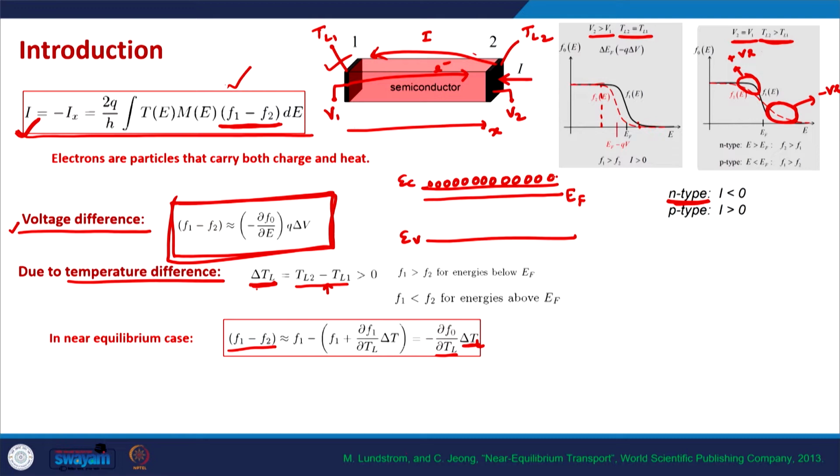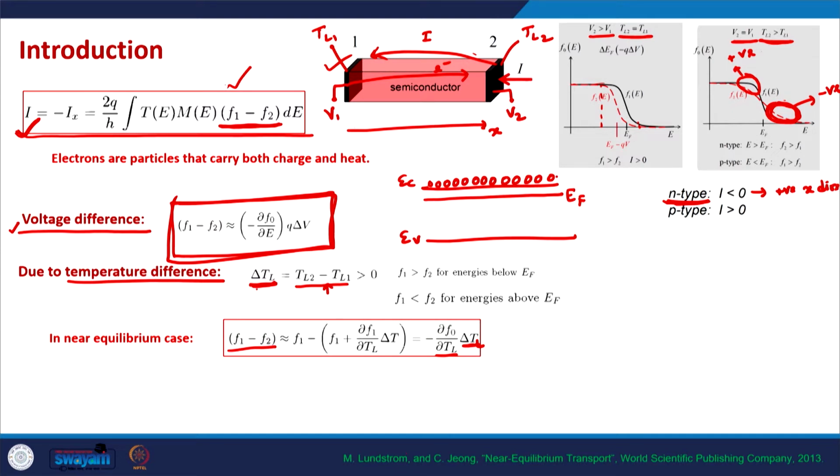So the conduction happens above the Fermi level in case of n-type material, and if there is a temperature gradient between the two contacts, we need to focus here, because in this regime current conduction happens, and in this regime F1 minus F2 is negative. So there will be a negative current, which means electrons will flow from contact 2 to contact 1 and current will flow from contact 1 to contact 2, or there will be a current in positive x direction.